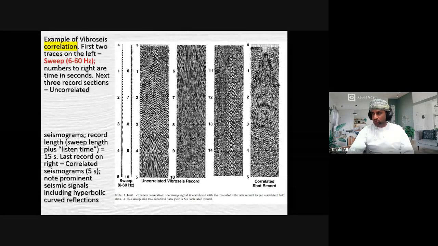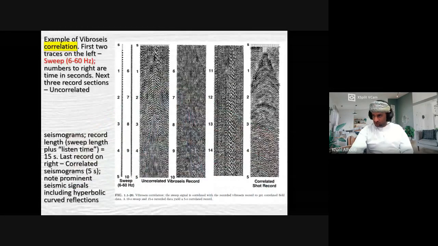Maybe you need to remove the direct and refracted energy, the ones you see here. You need to do some noise removal. It becomes better and better. But how do they process? That's not in the scope of this course.